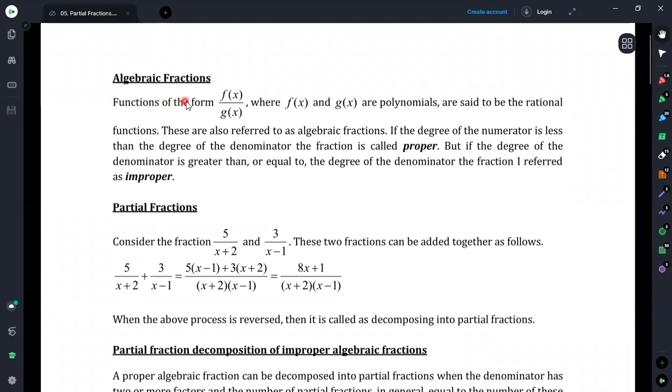If we have the functions, suppose that f(x) is a function of x, and suppose that g(x) is a function of x.